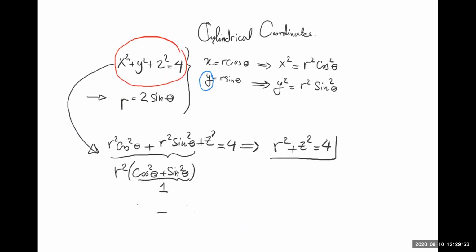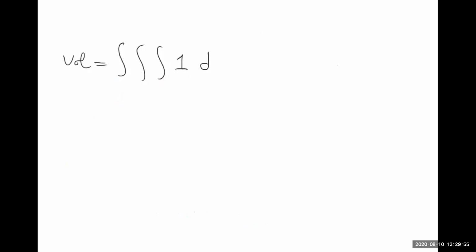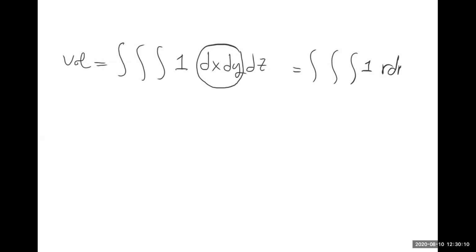So volume is equal to the integral of 1 dx dy dz, but we can change that to cylindrical coordinates. If you remember, I told you dx dy is equal to r dr d theta, and then we have dz there.